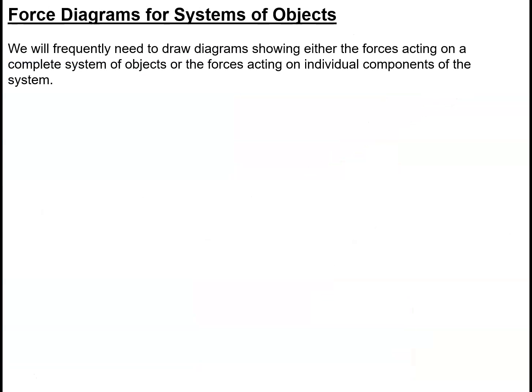Now, when we move on to more complicated systems of objects, we will frequently have to draw the forces acting on the complete system or the forces acting on parts of the system.